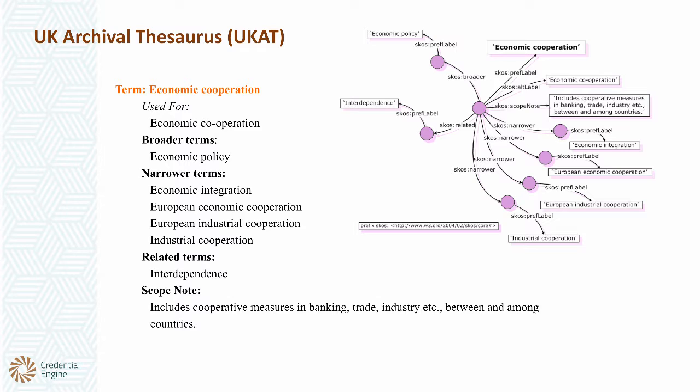So if you just walked around it clockwise, you could go, there's a preferred label, economic cooperation. There's an alternate label that has cooperation hyphenated. There is a scope note describing the scope of the concept. There is a narrower concept called economic integration, another narrower concept called European economic cooperation, another one, European industrial cooperation, and yet another one, industrial cooperation. There is a related concept called interdependence.